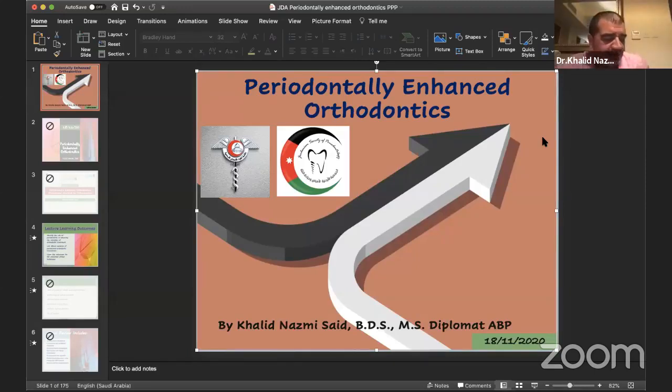If you remember the paper done at the University of Jordan by a group, I'm trying to remember the names, Dr. Murad, Dr. Sandra. Most of the Jordanian population have thin buccal bone plates, 1 millimeter or less, 80% less than a millimeter.